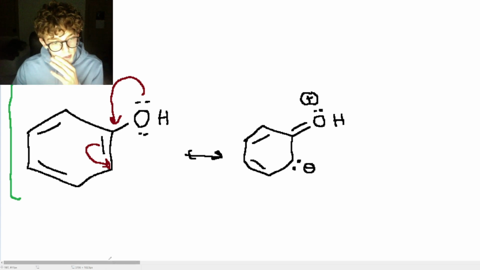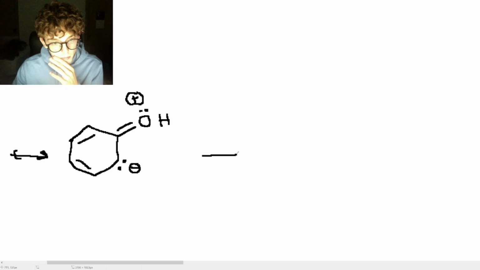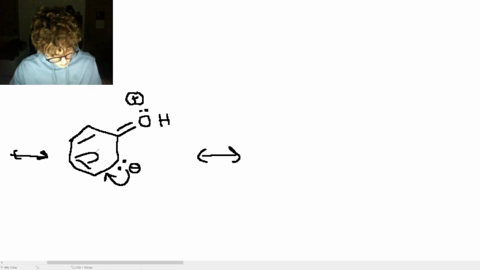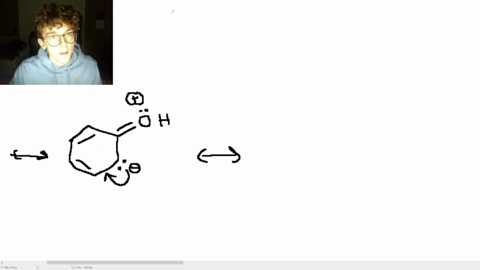So we have this one, and then this can form this one here, where these pi electrons go like this, and we push these ones onto this carbon. I'm feeling purple right now, so purple is going to be pushed right here.